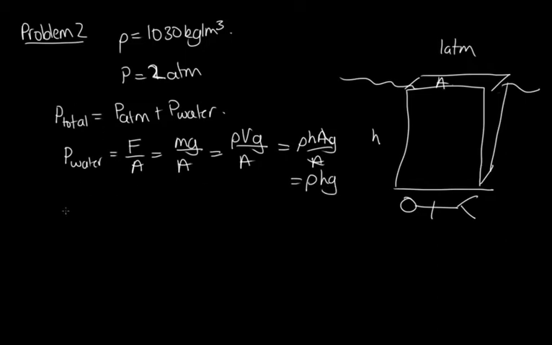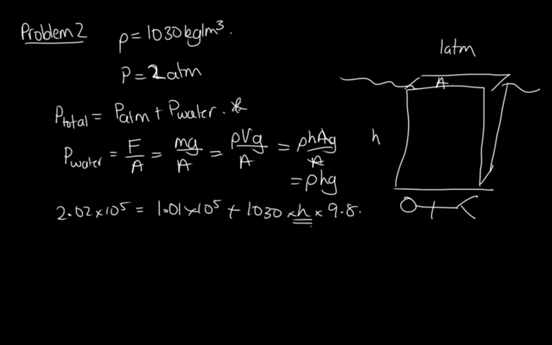So we know that 2 atmospheres, which is 2.02 times 10 to the 5, is equal to 1 atmosphere, 1.01 times 10 to the 5, plus, substituting into this equation, rho hg, which is 1030 times h times 9.8. So now we need to rearrange to find this h. So we can subtract this from this, and we've got 1.01 times 10 to the 5 is equal to 1030 times 9.8 times h.